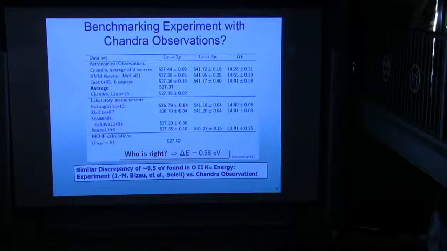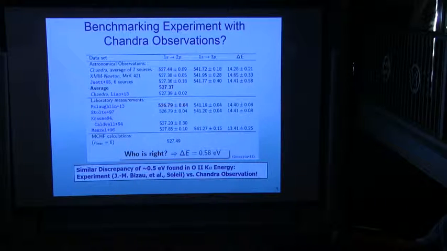Not only in neutral oxygen does this occur, but very recently, I was in Orsay a year ago talking with Jean-Marc Bizot, and this is still unpublished, they measured the K alpha, looking at photoabsorption in singly ionized oxygen.